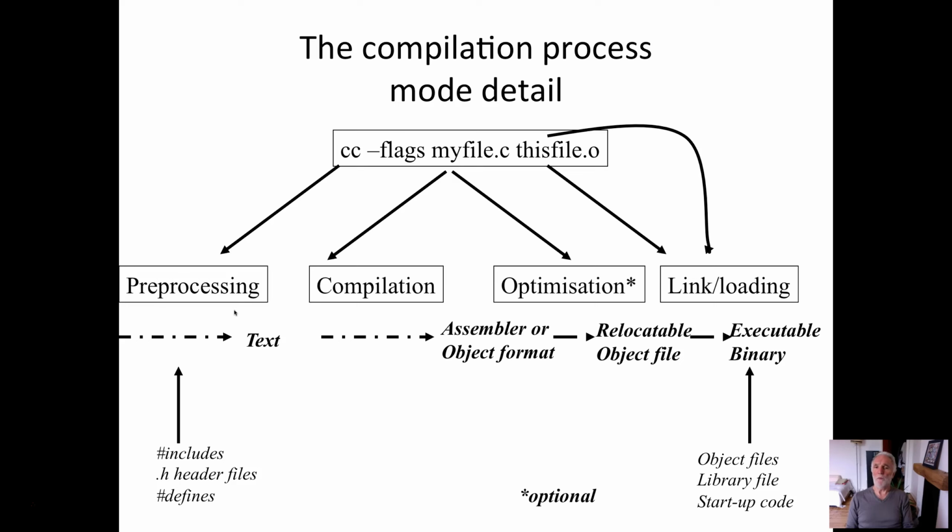Compilation itself is just one phase, and that can normally have a number of different iterations depending on the techniques used. And at the end of that, the output you get is either assembler or some sort of intermediate object format. An object format means that it's machine readable.